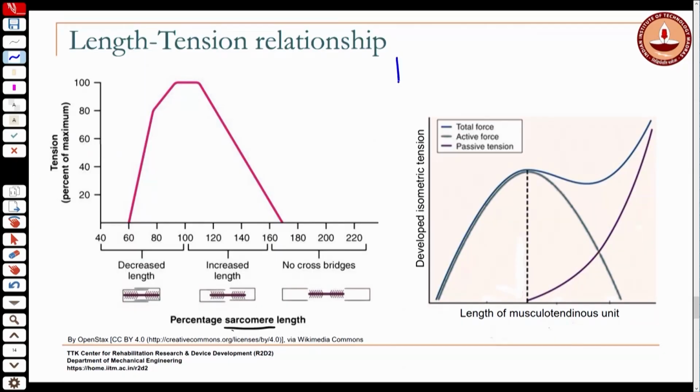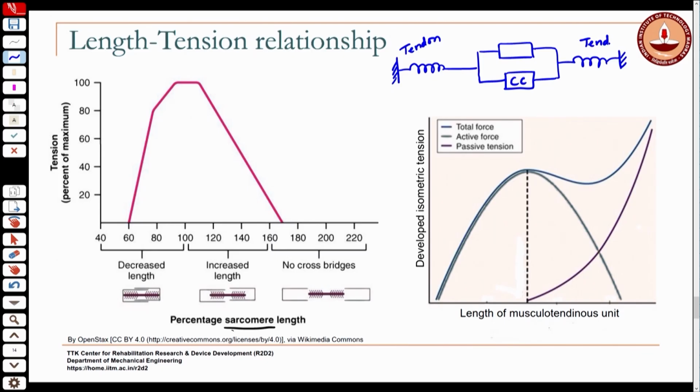Okay. So, if you look at the total muscle, using the Hill model, I have the tendon on either side, which is the series elastic component.